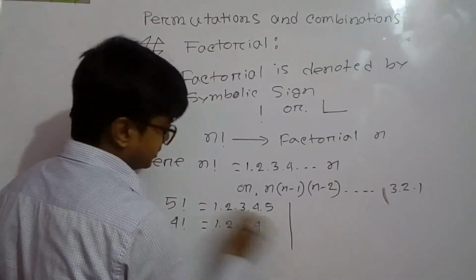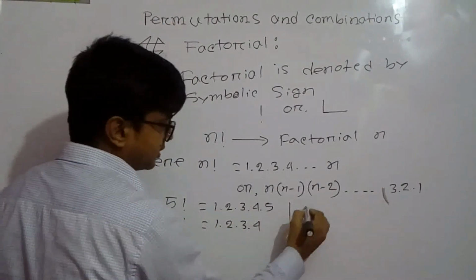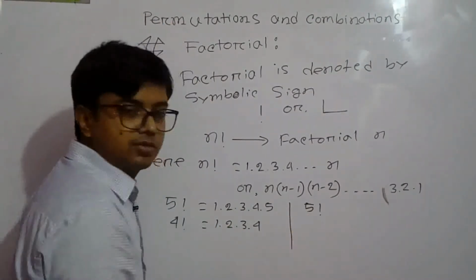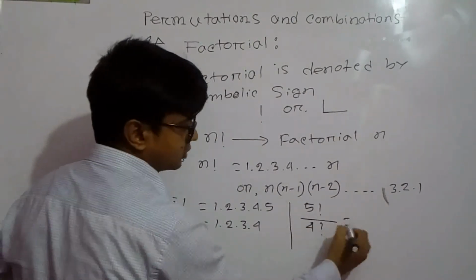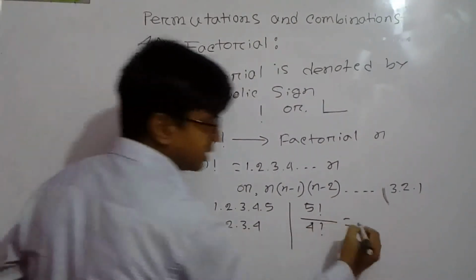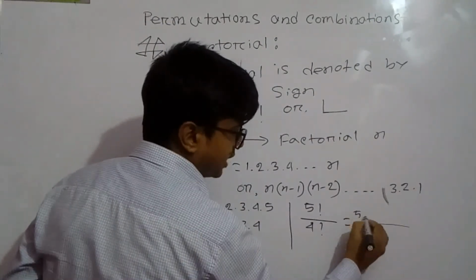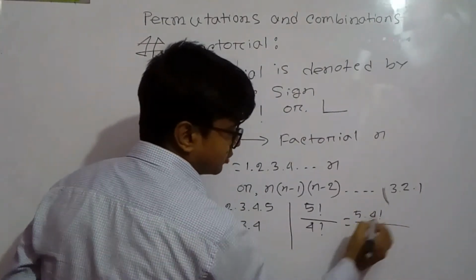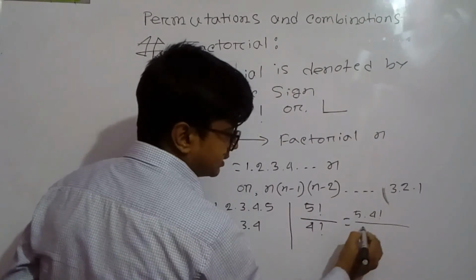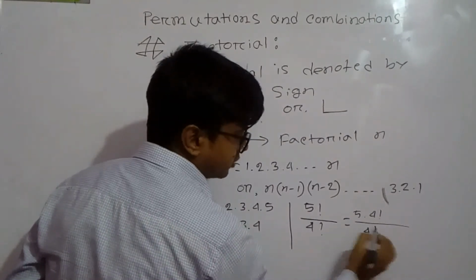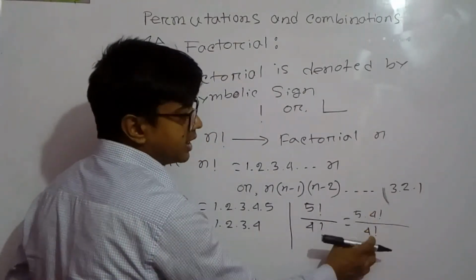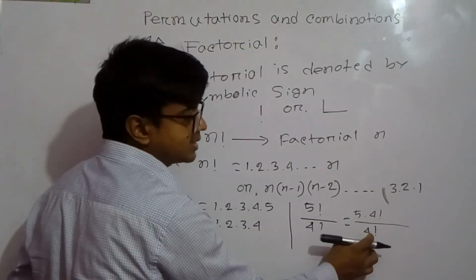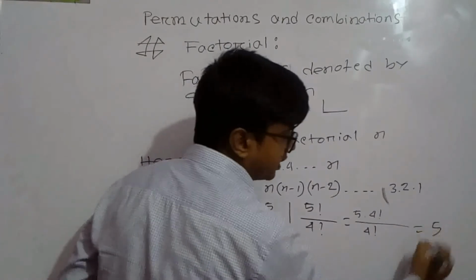If we divide factorial 5 by factorial 4, our answer will be 5 into factorial 4 over factorial 4. So factorial 4 and factorial 4 will be cancelled, and our answer will be 5.